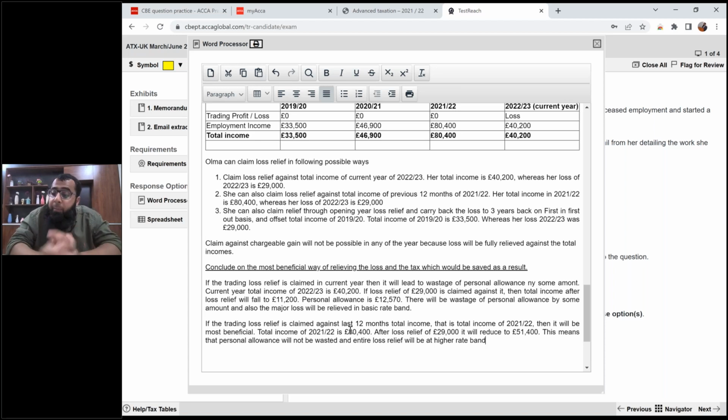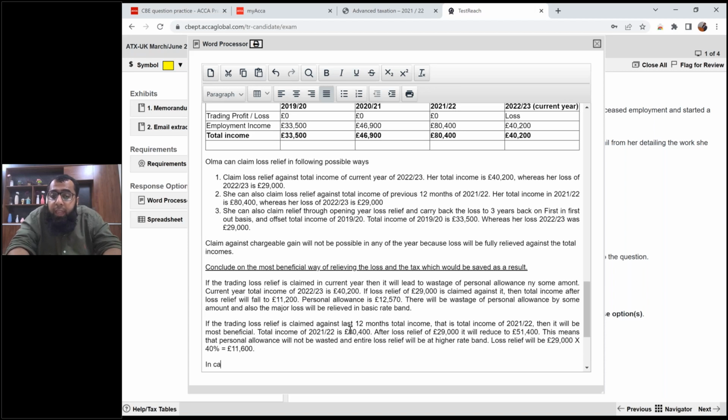You are at the higher rate band. Loss relief will be 29,000 into 40%. This will be the best claim. Into 40%, it will be 11,600 pounds.